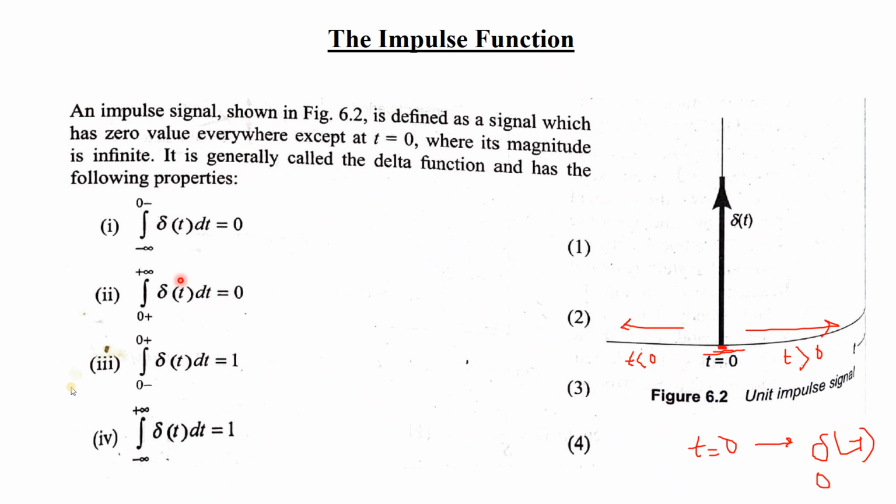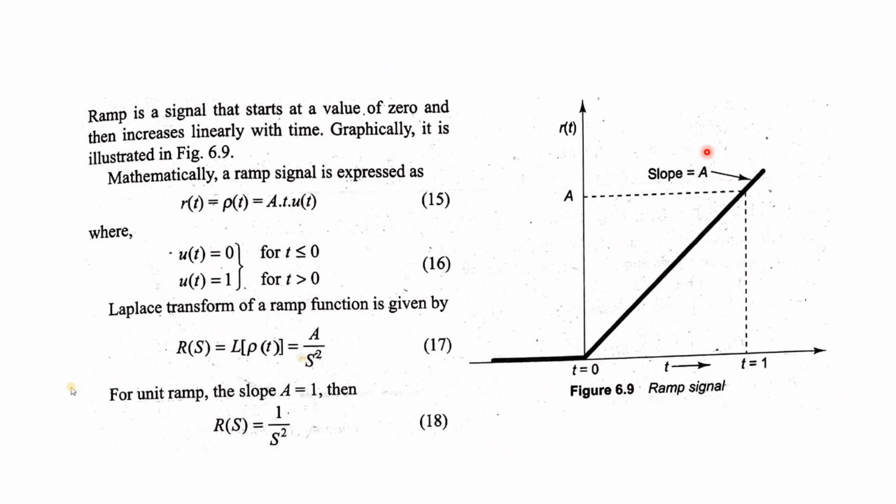In an impulse function, the magnitude is only there when time is 0. That is why the ramp signal is obtained by multiplying time t with the step signal.